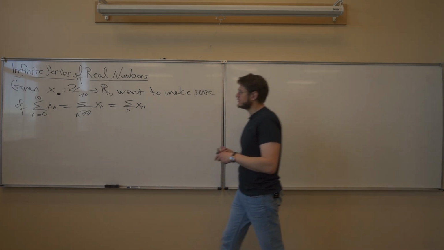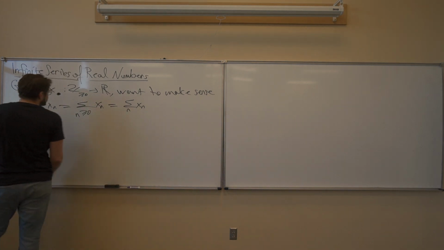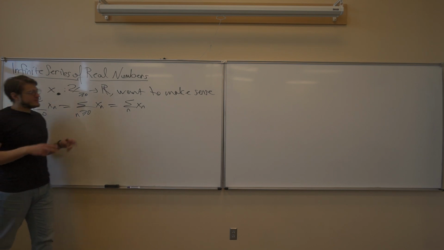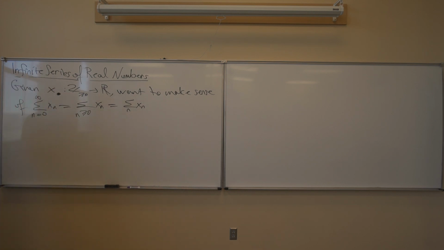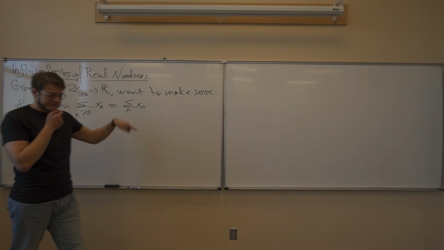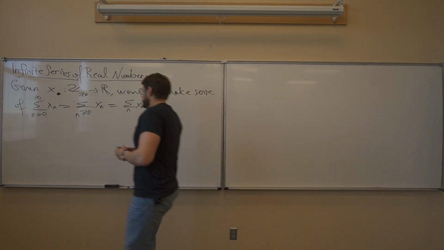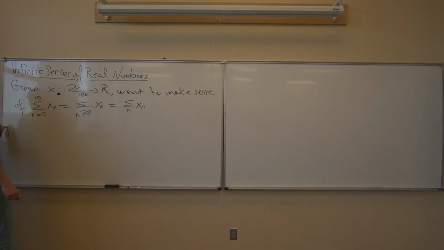And so given a sequence, at least taking values in a vector space where you can add things, you can look at the sequence that is sort of like the antiderivative of it. And so when we see something like this, this really stands for the limit of the sequence that is the partial sums. Okay, so that's the definition.